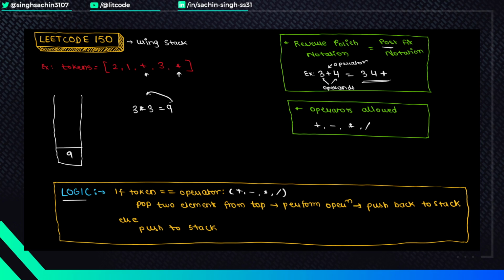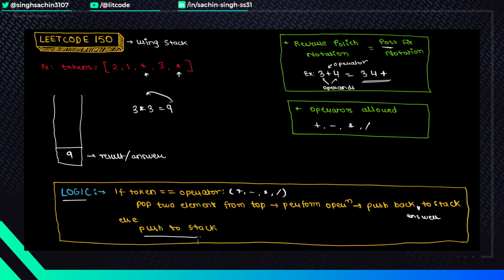After evaluating the complete expression, the last element in the stack will be our answer or result, and this is what we will be returning. So this is a simple logic. If the token is an operator, pop 2 elements from the top of the stack, perform the operation, and push back the answer to the stack. If it is simply an integer, we will push the element to the stack.